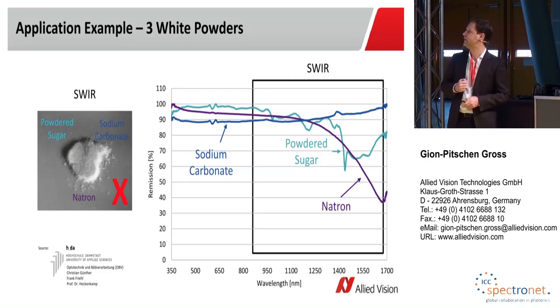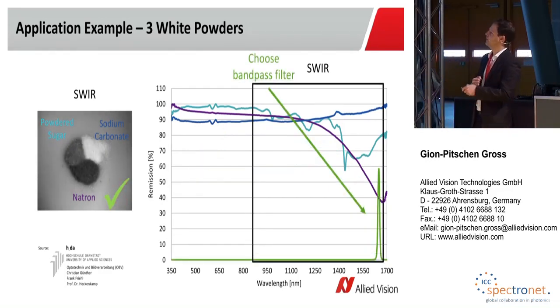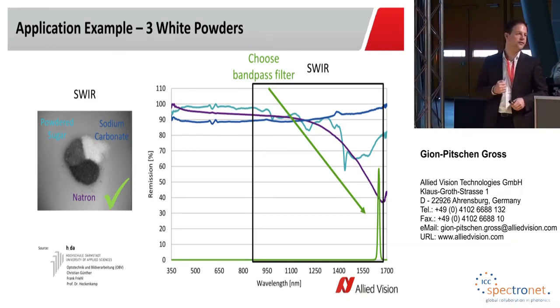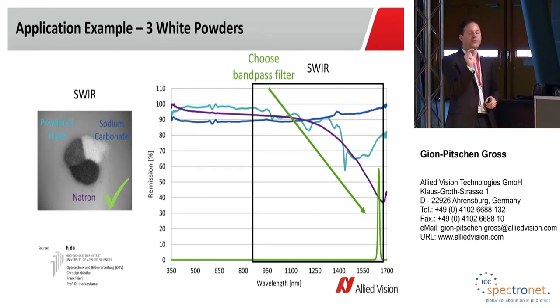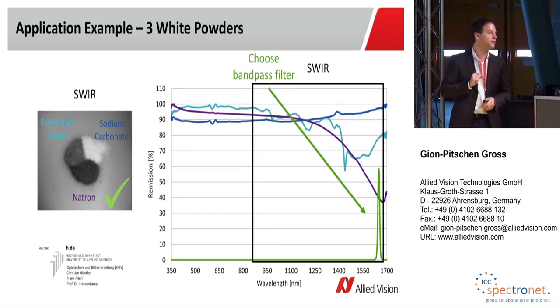So now I have an idea. I take a bandpass at 1650 nanometer, a very narrow bandpass with only a width of 35 nanometers, and suddenly the picture changes. Suddenly I'm able to differentiate the 3 powders quite clearly.